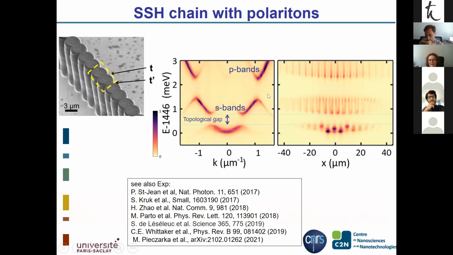The energy of this CW laser is tuned to be exactly here in the gap. And then in transmission, we look in real space, along the chain, where the light comes from, and also as a function of the angle, which is equivalent to k.